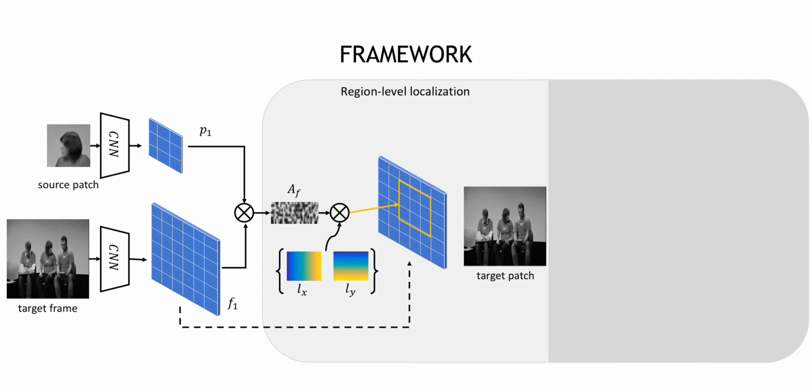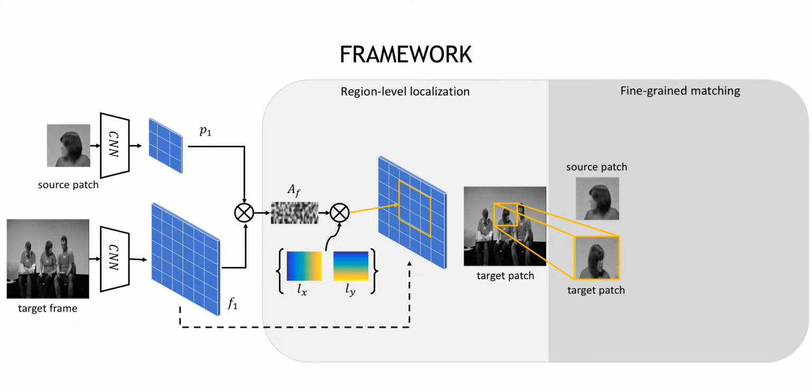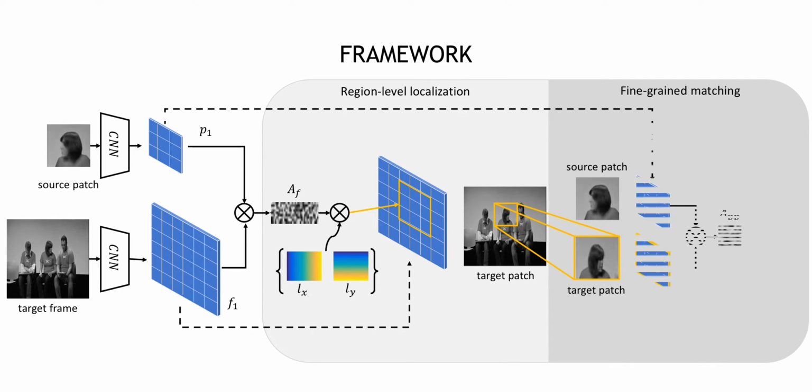In this stage, the network learns to warp the color information from the source patch to the target patch. Since the target patch is a local region of the target frame, a sub-affinity matrix can be extracted accordingly. We use the sub-affinity to warp the color channel of the source patch, while the difference between the predicted target patch and the ground truth patch serves as the supervision signal.